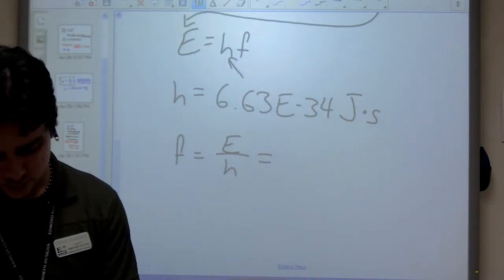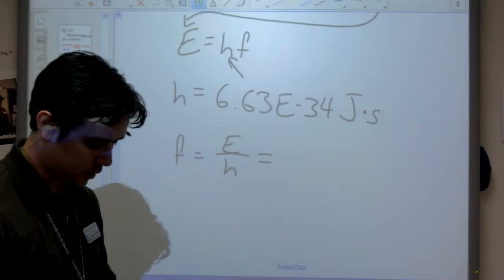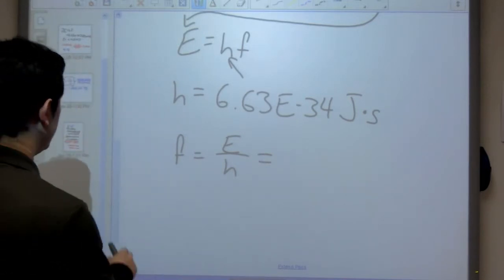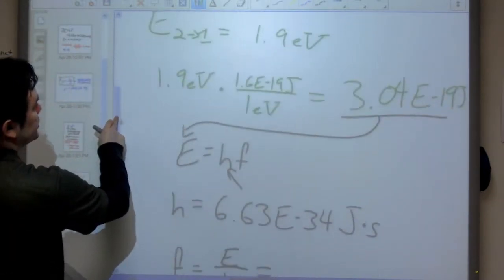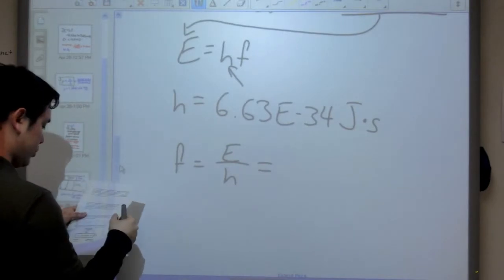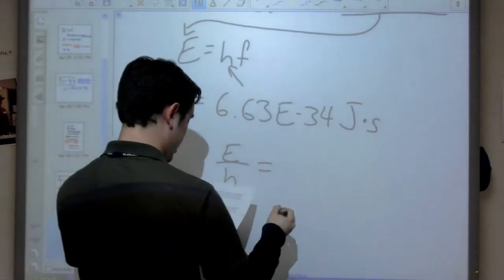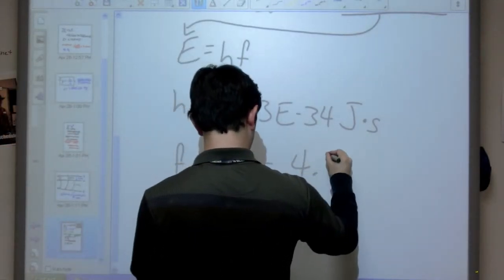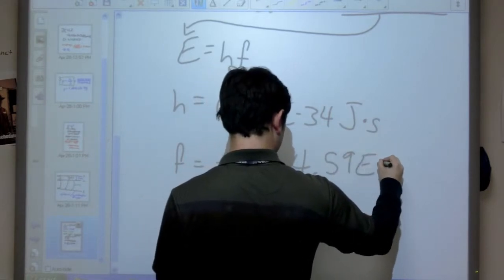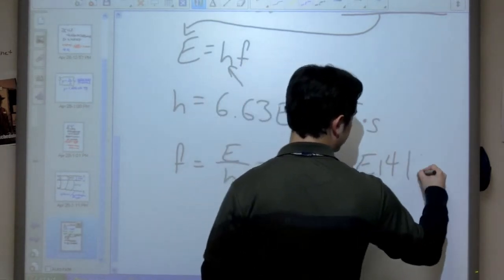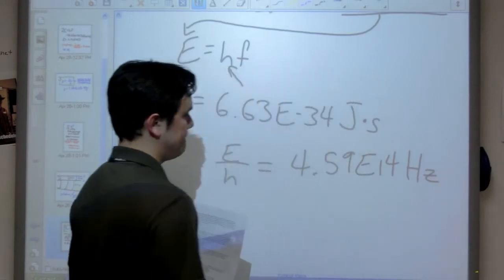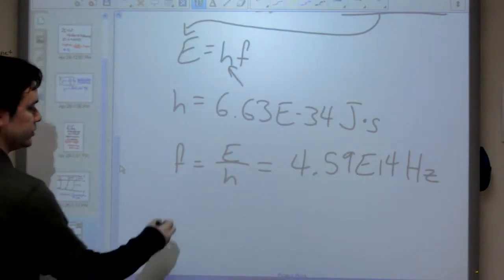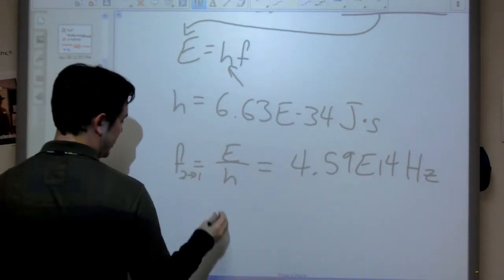And I find that my frequency for this guy, which transition is this? This is 2 to 1, the one that we're looking at right now. If I've done this correctly, my frequency should come up to 4.59 times 10 to the 14th hertz. That should be my frequency for 2 down to 1.